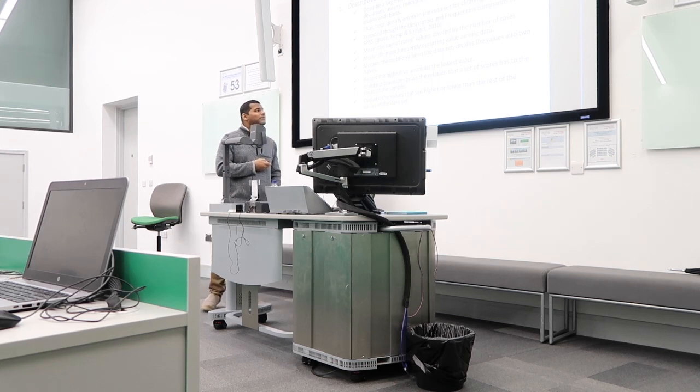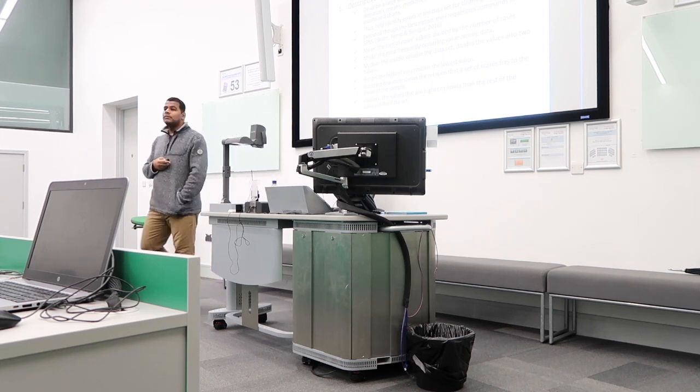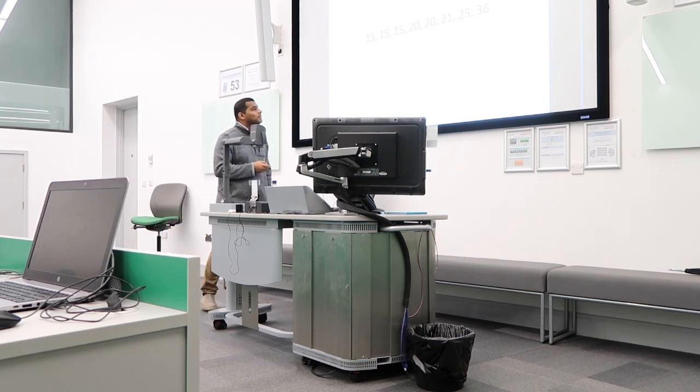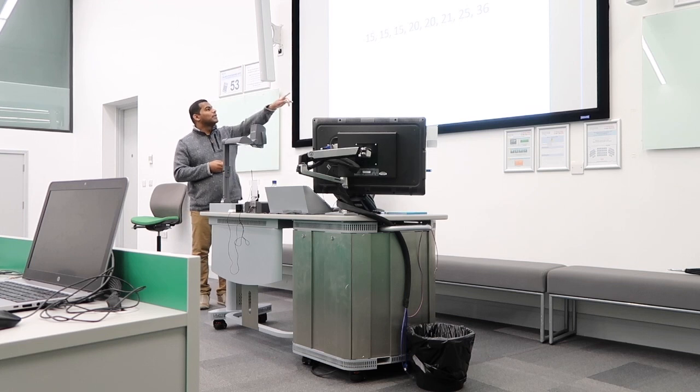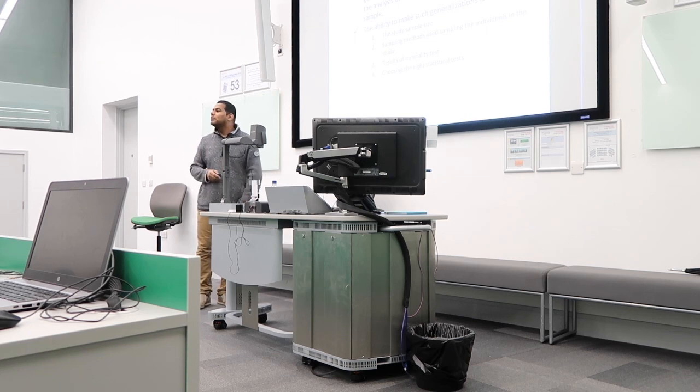Range, the highest value minus the lowest value. So what's the highest value? 36 and the lowest? 15. So 36 minus 15 equals 16. Not 16, 21. Yeah, 21. Equals 21. So this is a very quick quiz.